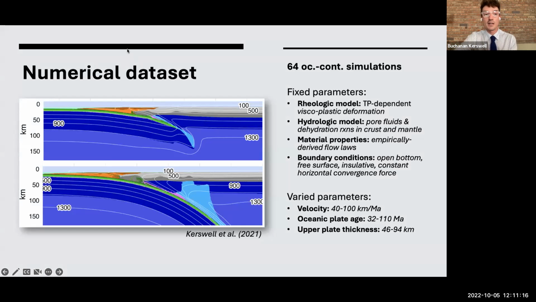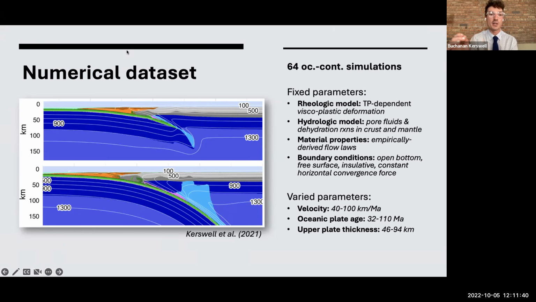So we set up a suite of 64 numerical simulations of oceanic-continental convergence. The figure on the right is an example of one of these simulations, 1 out of 64, where we observe the coupling depth by visualizing the viscosity and the temperature fields.